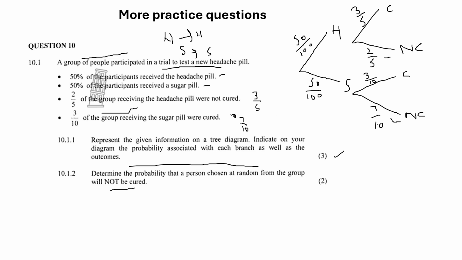So remember, we start here. For someone to be not cured, they can either be on a headache pill, which is H and NC first, plus the second one, sugar and not cured, because it can come either from headache or from the sugar pill.